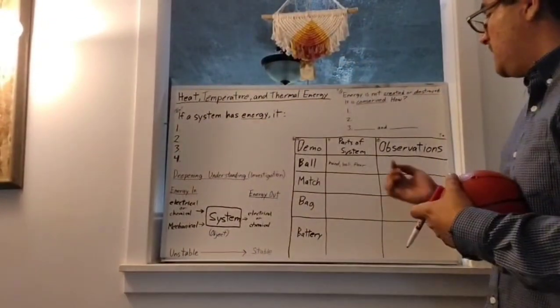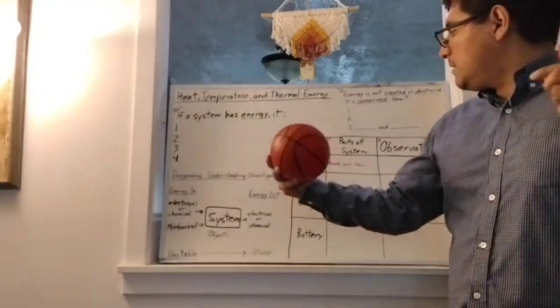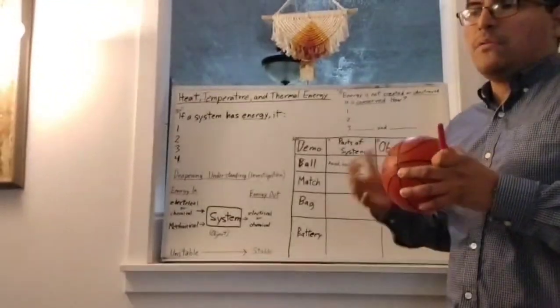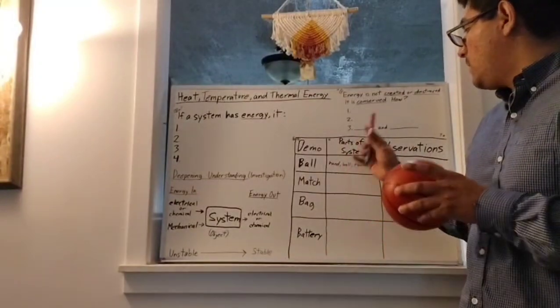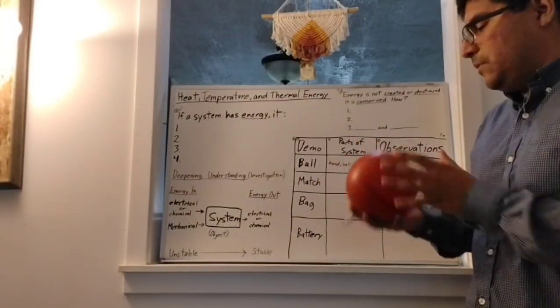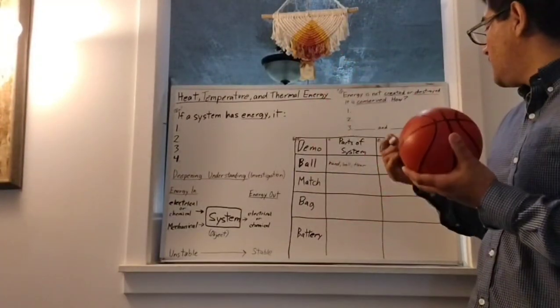Now, what is a system? A system is our components that allow for a specific function to happen. So once we have the hand, the ball, and the floor, it allows us to bounce up.